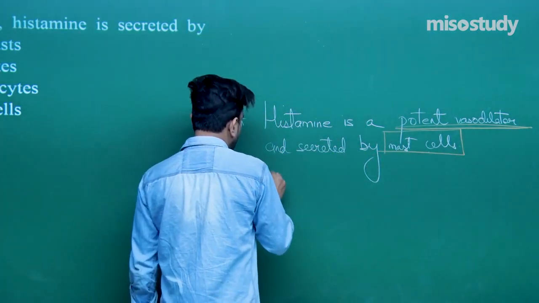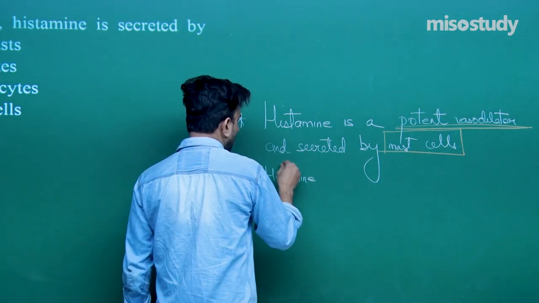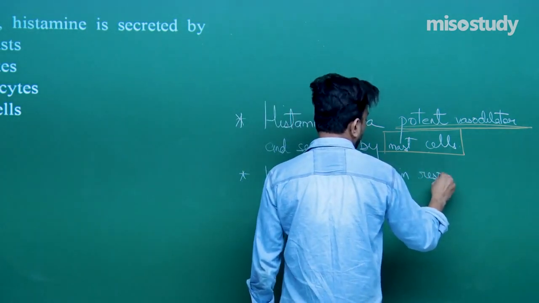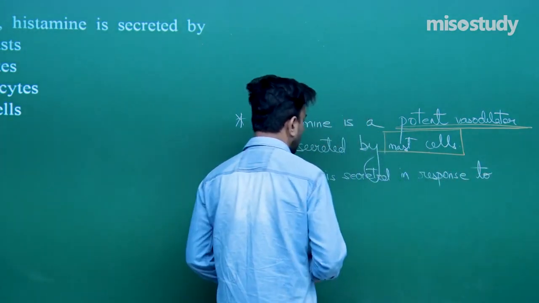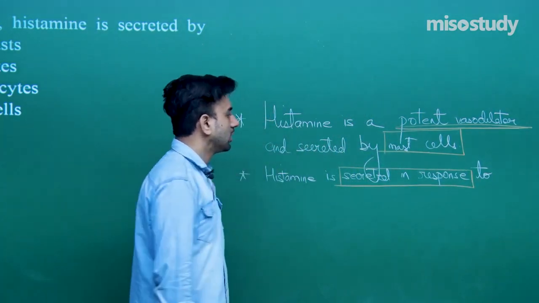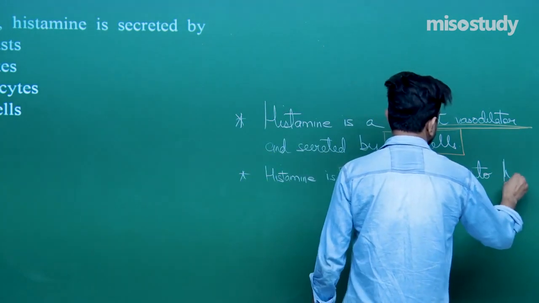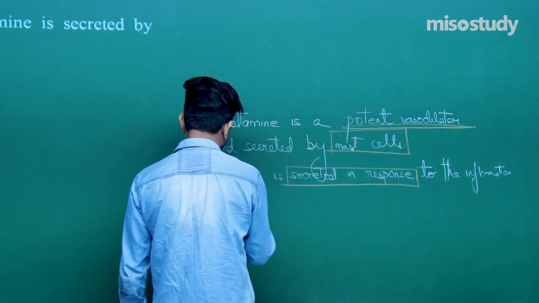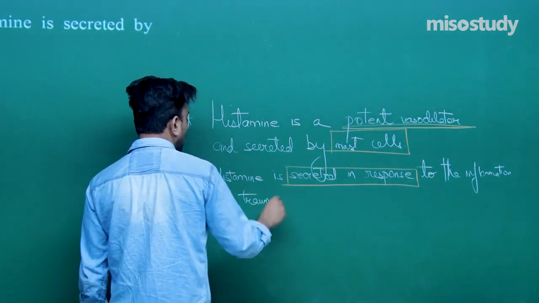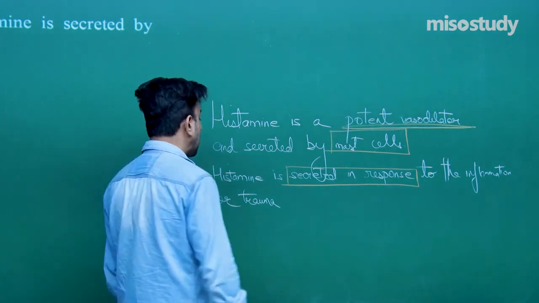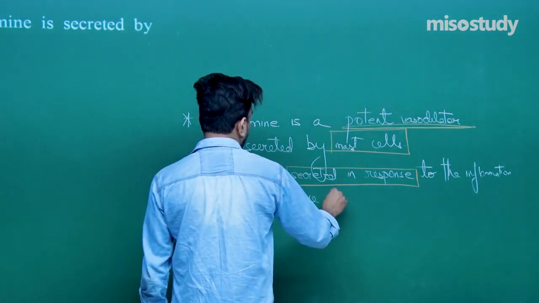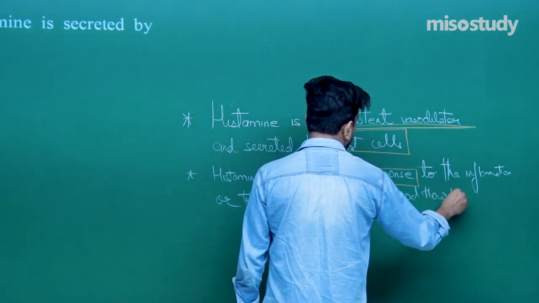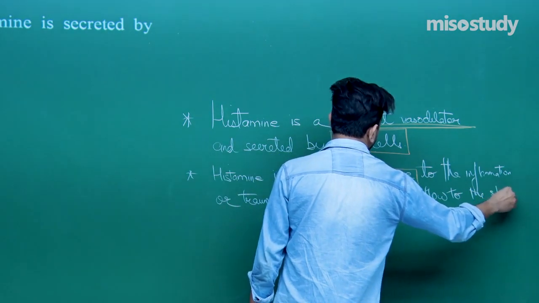Okay, so what will we see? That histamine is secreted in response to the injury or trauma, in response to the inflammation or trauma, and hence increases the blood flow to the site, right.